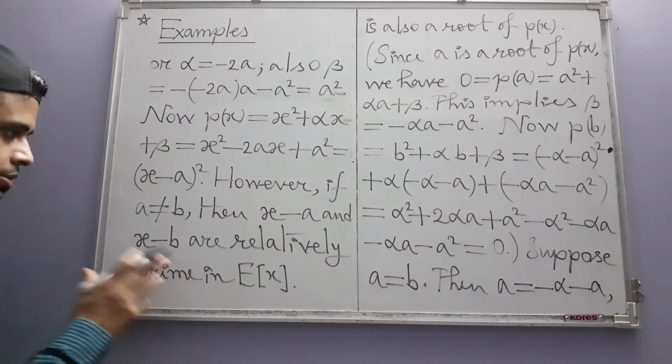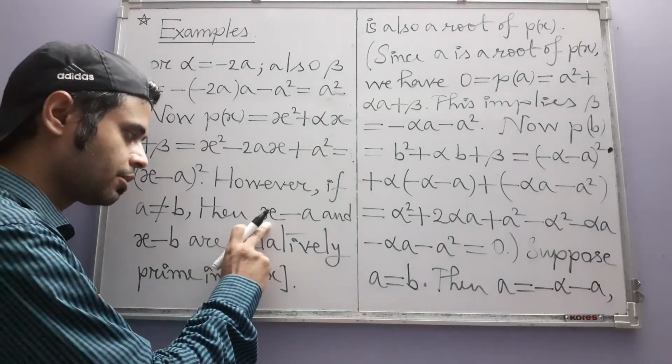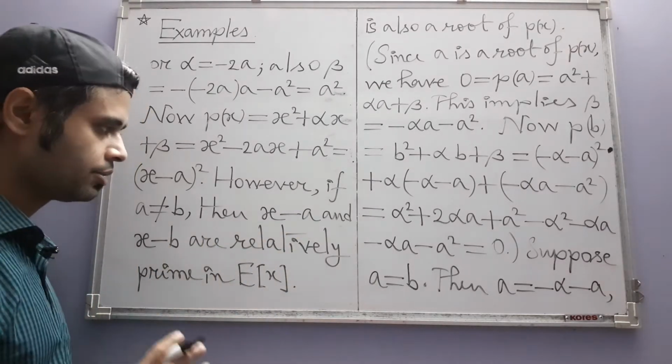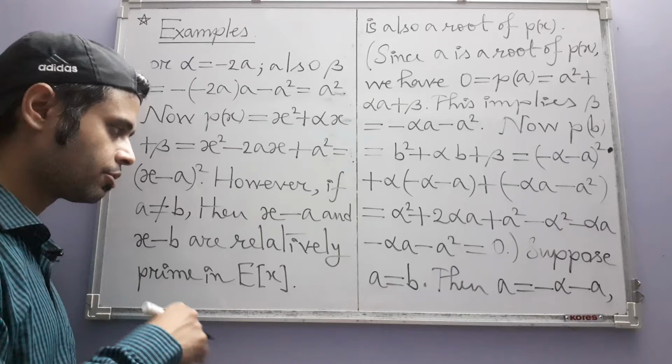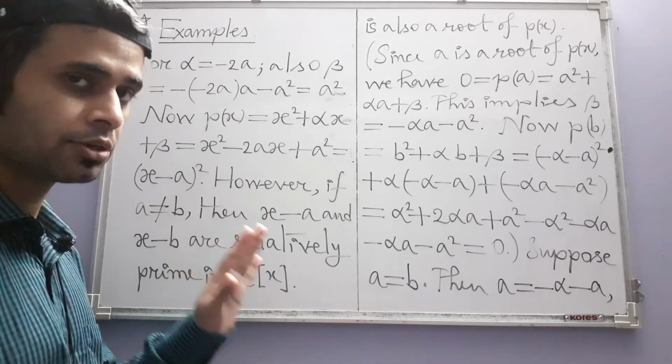Now, where is this thing coming from? Note that because these are linear polynomials, so they are automatically irreducible over E, because these are polynomials over E.